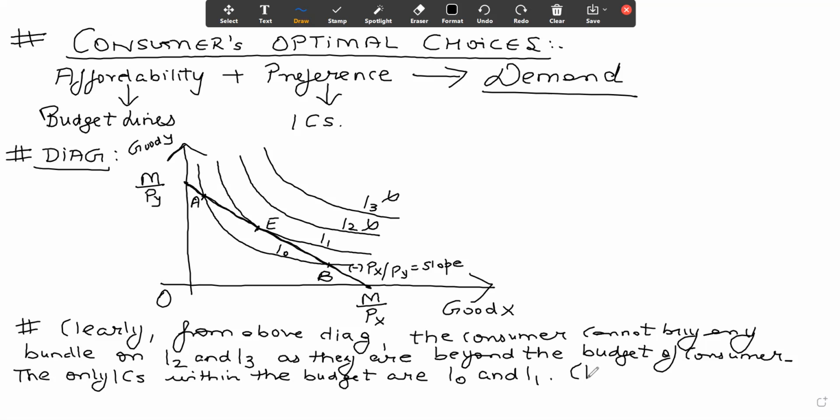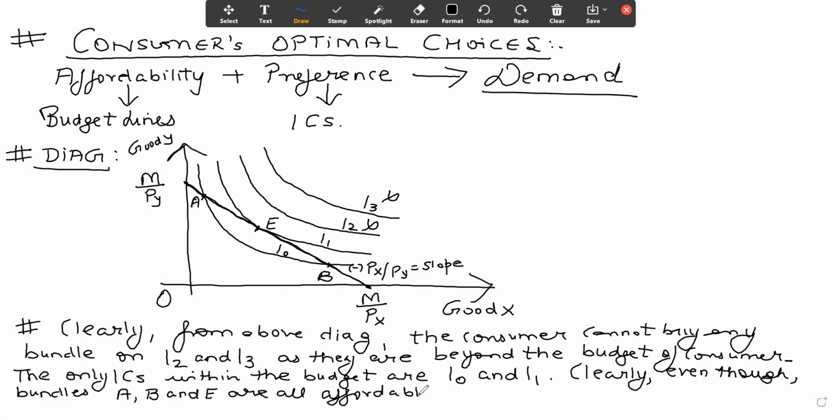So clearly, even though bundles A, B and E are all affordable, the consumer will prefer only bundle E. Why?